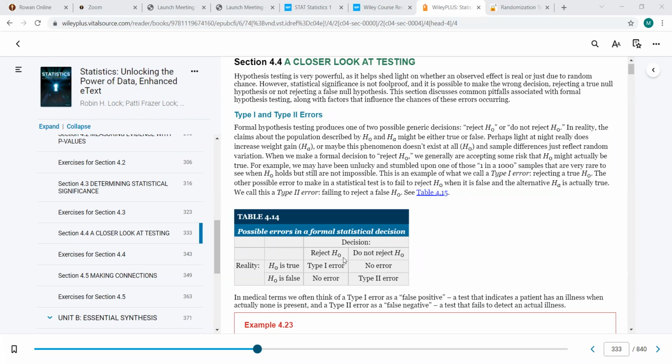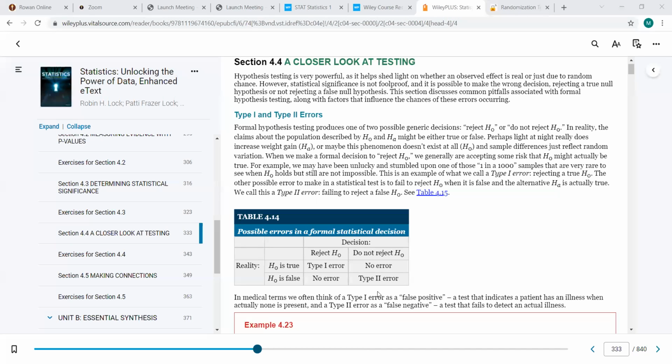First error is if you do reject the null hypothesis, but the null hypothesis is actually true for the whole population, then you've made what's called a type 1 error. On the other hand, if you do not reject the null hypothesis, but the null hypothesis is false, then you've made another type of error called the type 2 error.